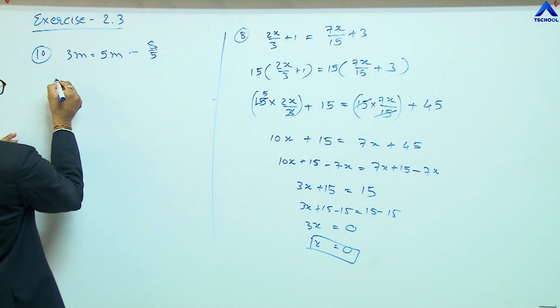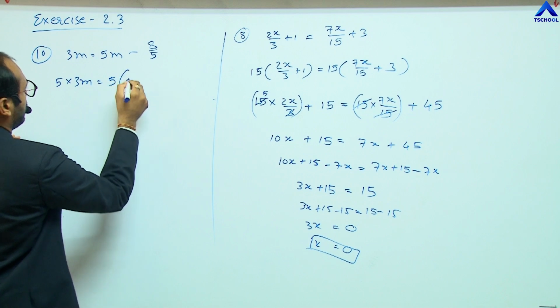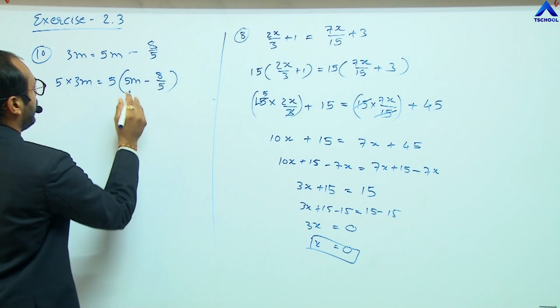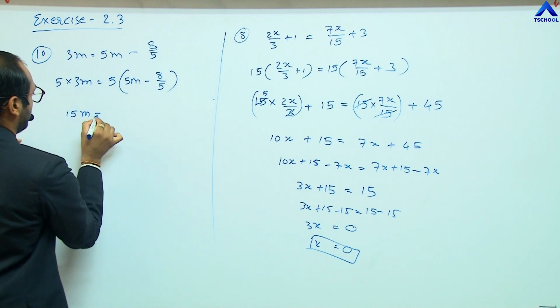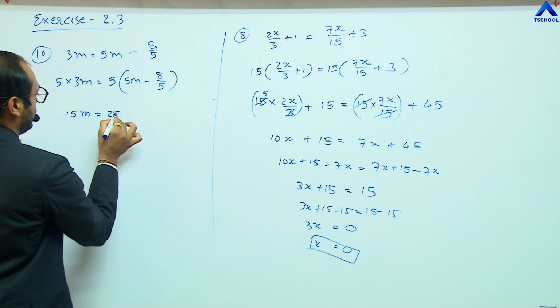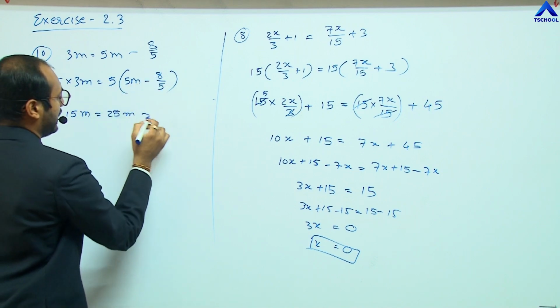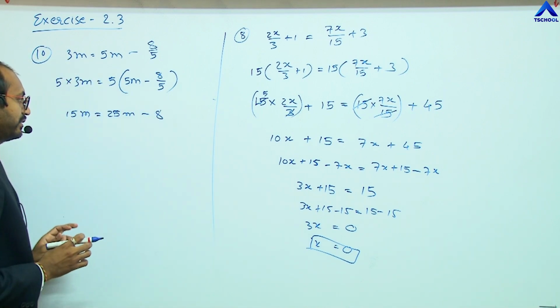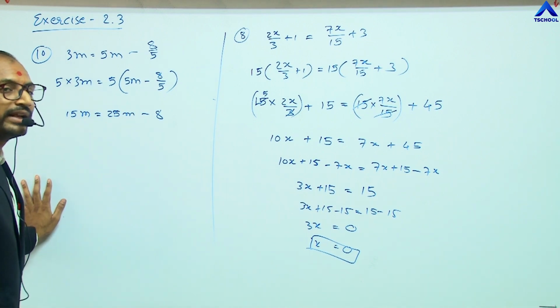So let me multiply 5 by 3m equals to 5 multiplied by 5m minus 8 by 5. What is this multiplication? 15m equals to 5 5s are 25m minus, now 5 and 5 will be cancelled, remaining is 8. Then here the greater number is 25, smaller number is 15.